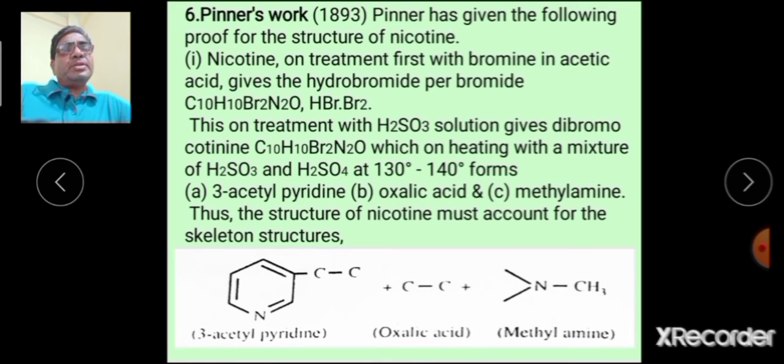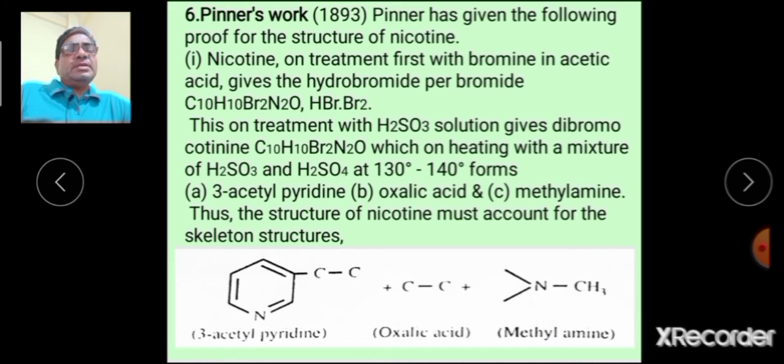Nicotine on treatment first with bromine in acetic acid gives hydrobromide perbromide, C10H10Br2N2O.HBr.Br2, which on treatment with H2SO3 solution gives dibromocotinine, C10H10Br2N2O, which on further heating with a mixture of H2SO3 and H2SO4 at 130 to 140 degrees forms 3 products.